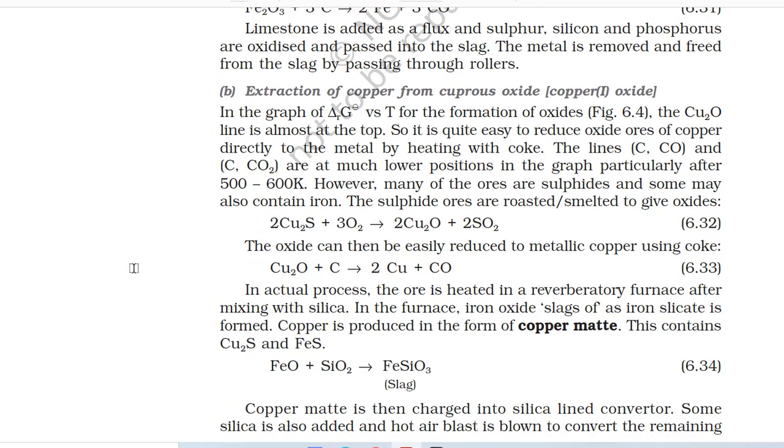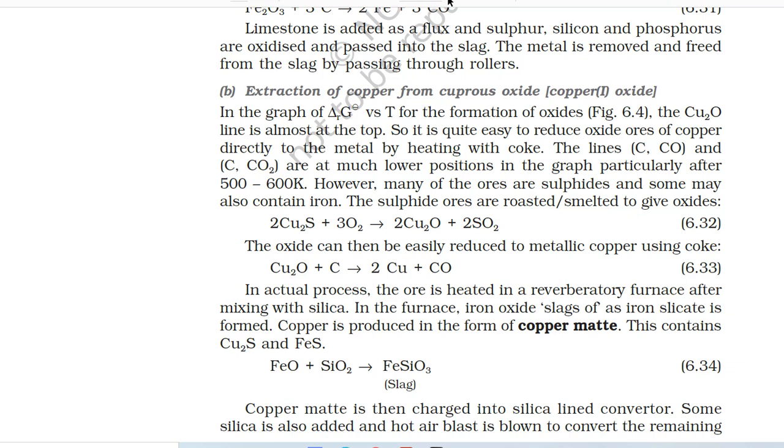B. Extraction of copper from cuprous oxide (copper(I) oxide). In the graph of ΔrG° versus temperature for the formation of oxides, figure 6.4, the Cu2O line is almost at the top.